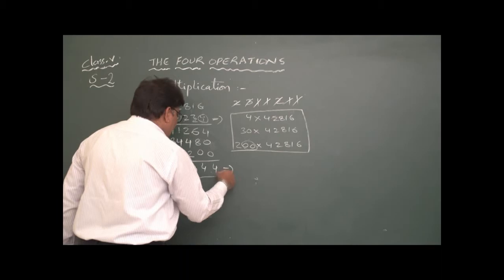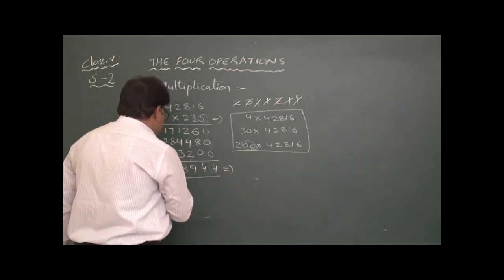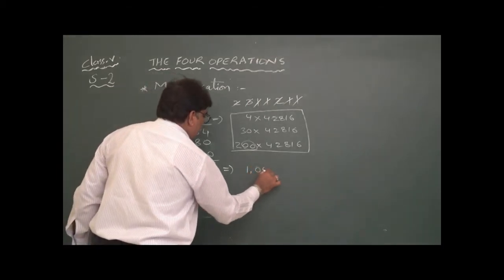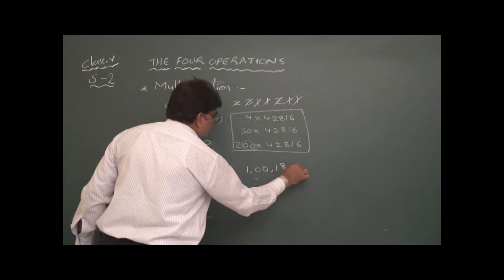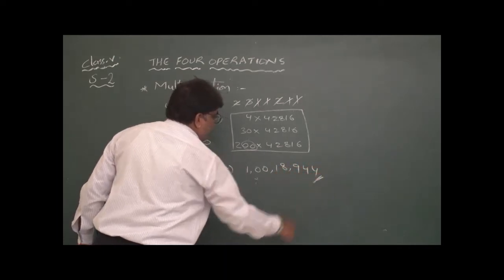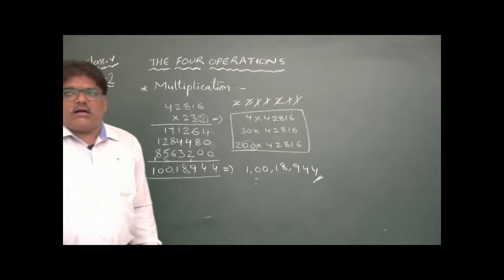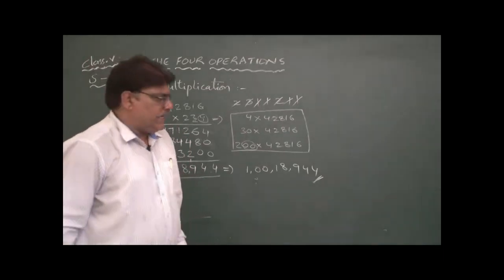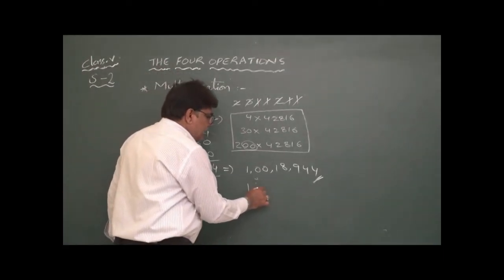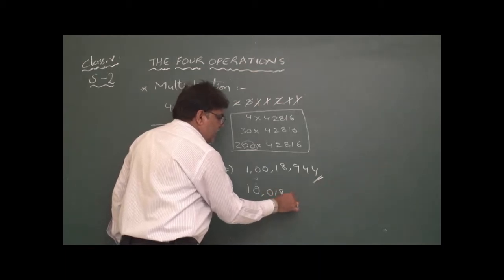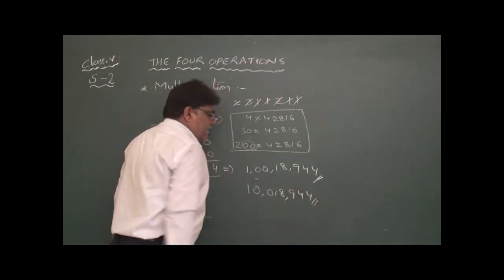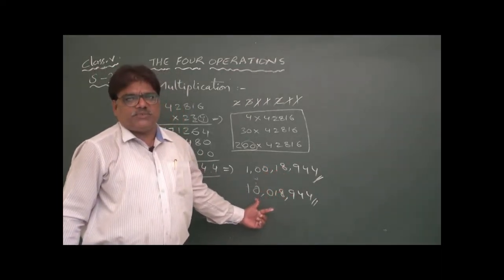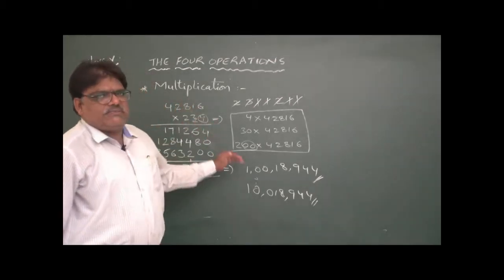Then we can write it as 1,18,944 in the Indian system, or we can give the value in the international system, in millions. So again here we can write it as 10,018,944. It is in the international million system. Like this, here it is 3 digits and there it is 2 digits. Okay, so this is the way we have to multiply.